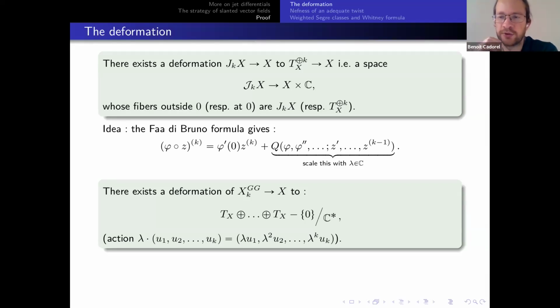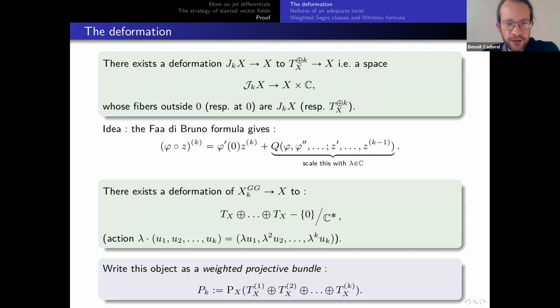So again, you can look at it as a Green-Griffiths Deligne-Mumford stack, the smooth orbifold above X. And so I will use this notation to write this space. I will call it a weighted projective bundle, and I will use the exponents to emphasize the fact that you have this action with weight 1 on the first copy, weight 2 on the second copy, etc., once you quotient by C star.